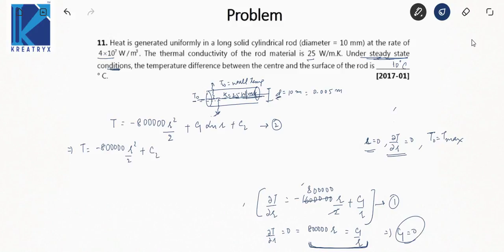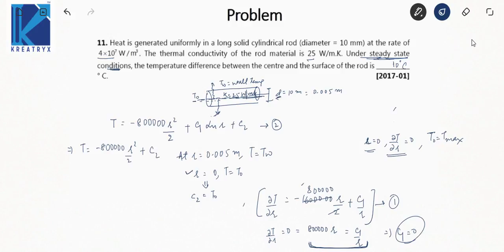Now solving this equation by applying the boundary conditions. At R is equal to 0.005 meter, T is equal to T wall, and at R is equal to 0, T is equal to T naught. Okay, so first I'll be applying this boundary condition. At R is equal to 0, T is equal to T naught. So C2 becomes T naught.